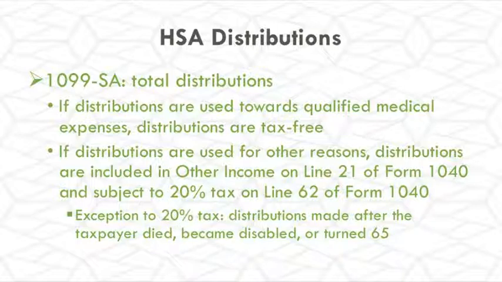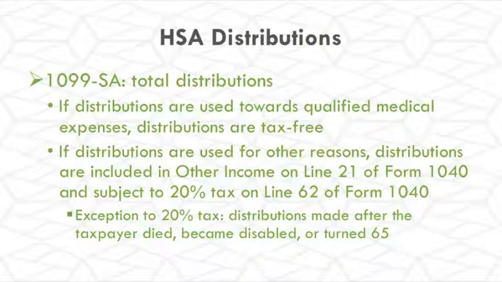Now let's talk about HSA distributions. Again, total distributions will be reported on a 1099 SA. If the distributions are used towards qualified medical expenses, then the distributions are tax-free. If the distributions are used for other reasons, then the distributions are included in other income on line 21 of Form 1040.